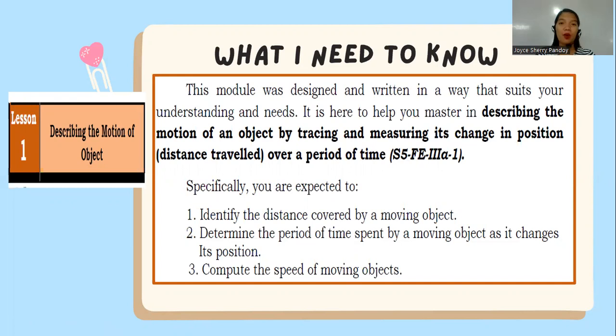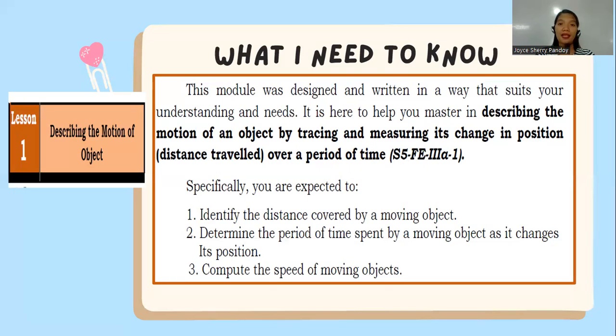This module was designed and written in a way that suits your understanding and needs. It is here to help you master describing the motion of an object by tracing and measuring its change in position, distance traveled over a period of time.